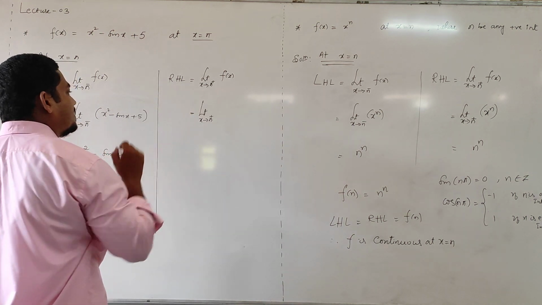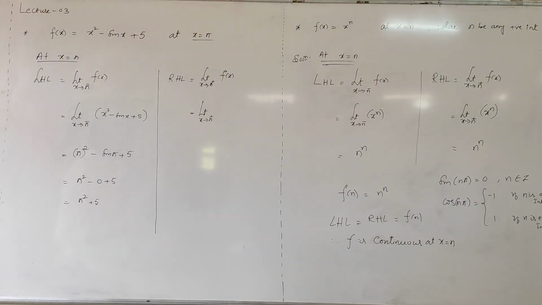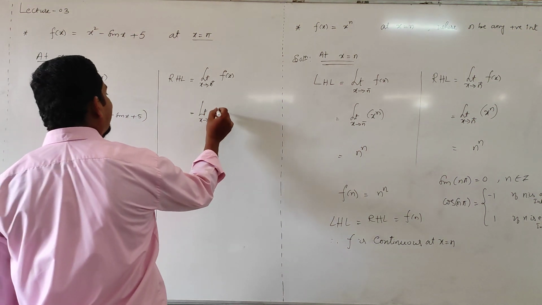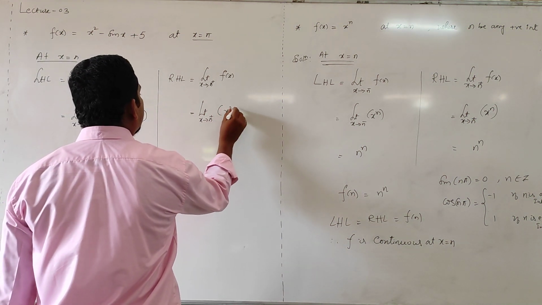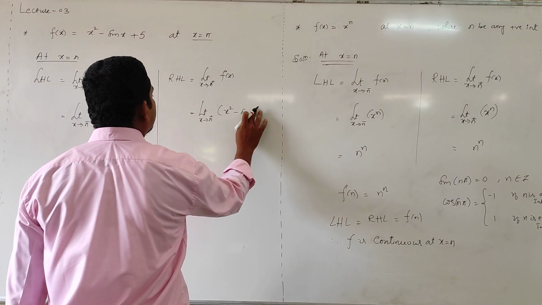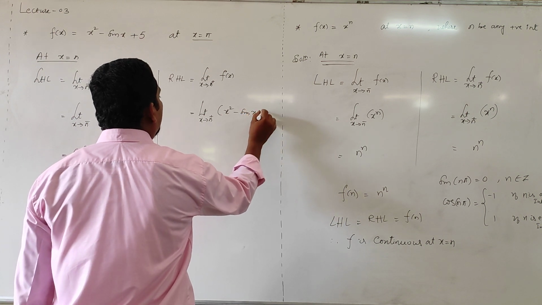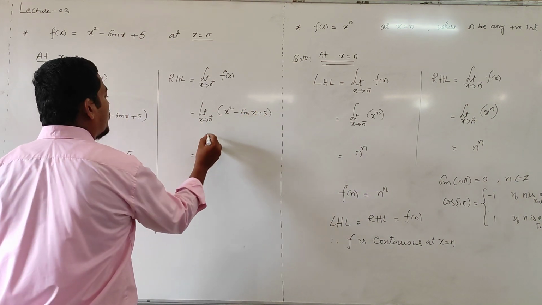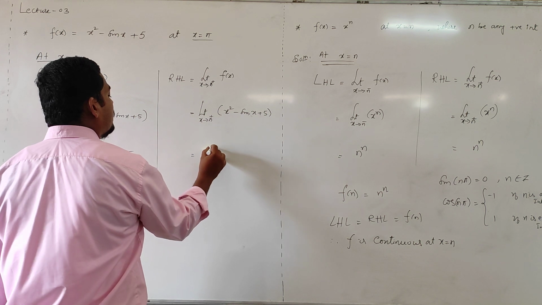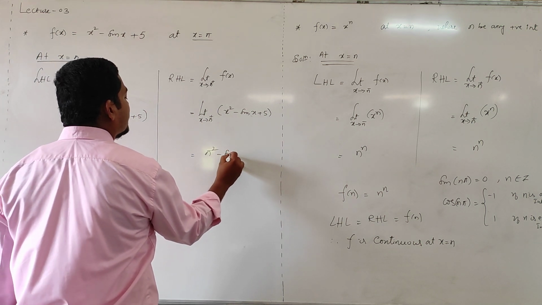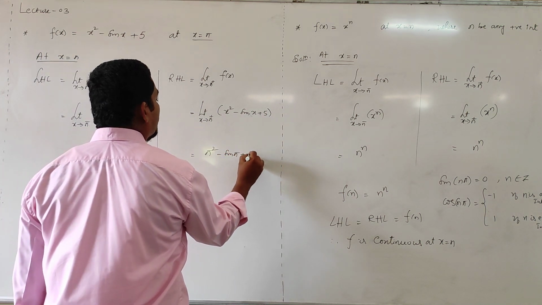What is our f of x? Our f of x is the same function, that is x square minus sin x plus 5. Now put x value pi, then it will be pi square minus sin pi plus 5.